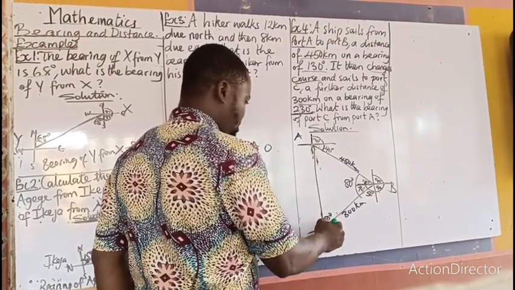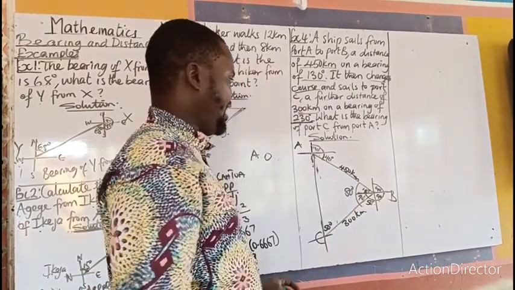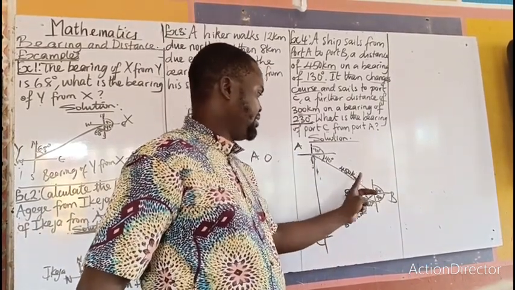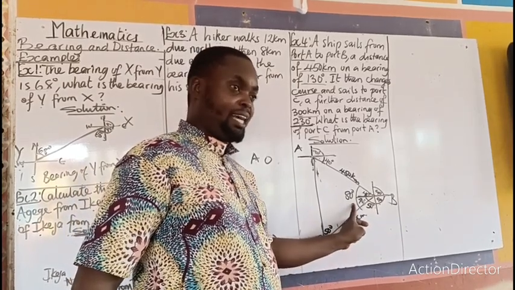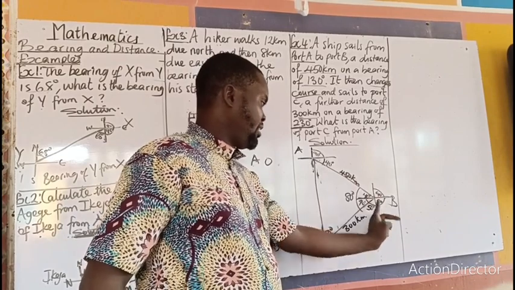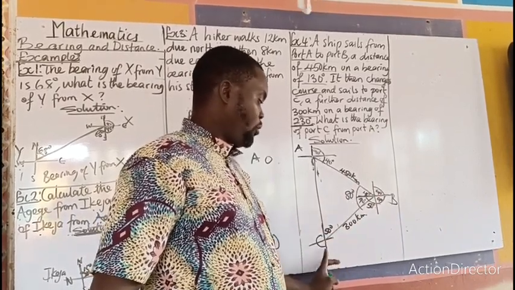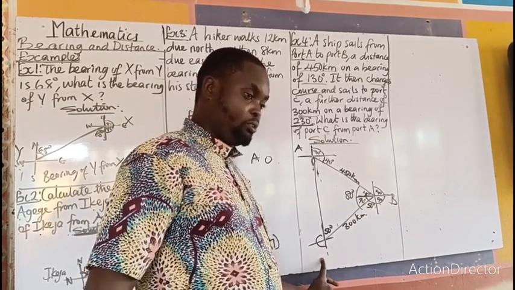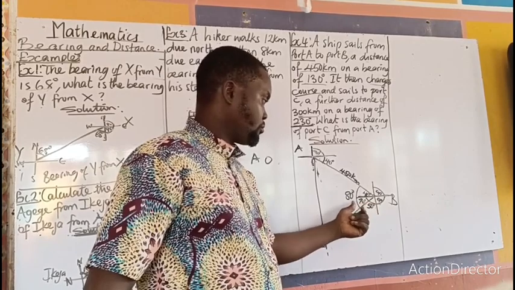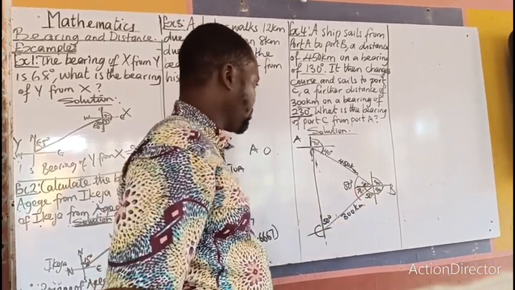If you draw this to this, look at this diagram. You can see that we have this side, and we have the included angle. And I told you, anytime you have two sides and the included angle, a particular law can go there. What is that? Your cosine rule, when you have two sides and an included angle.